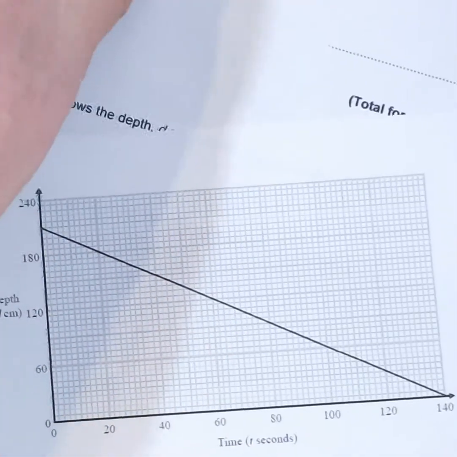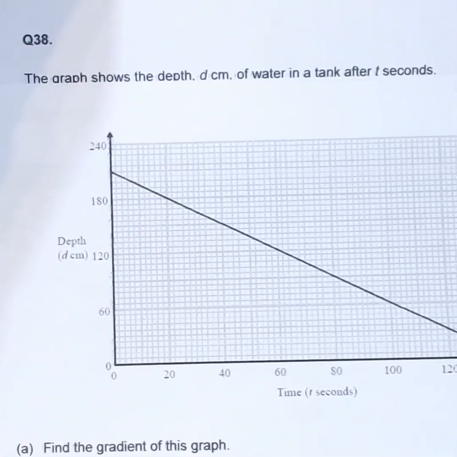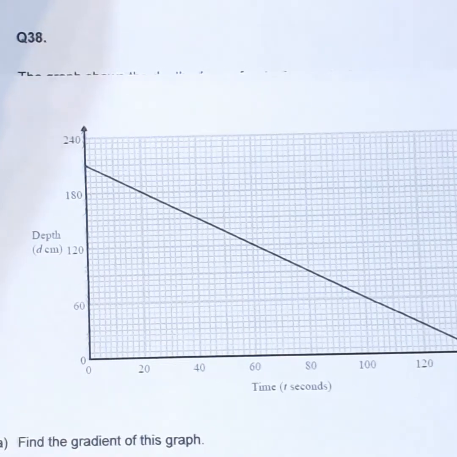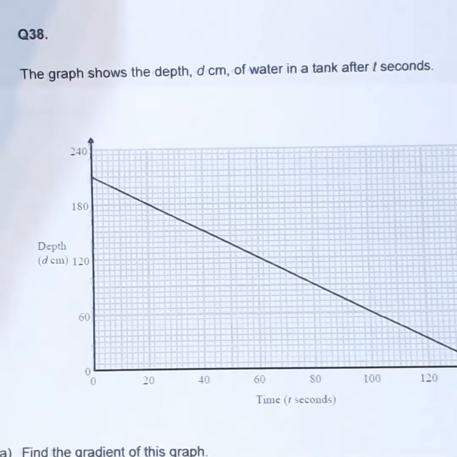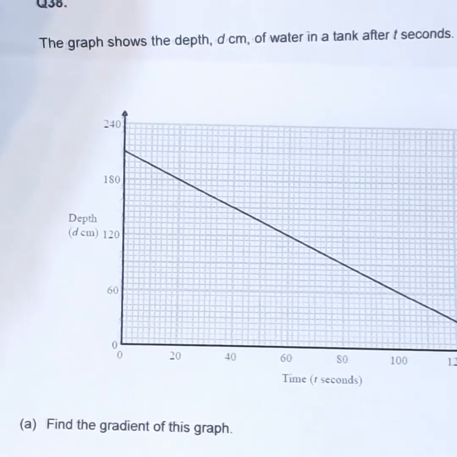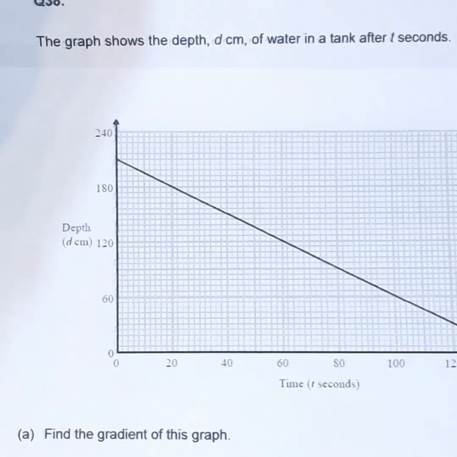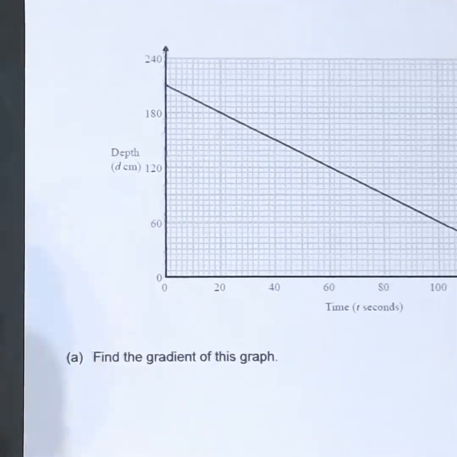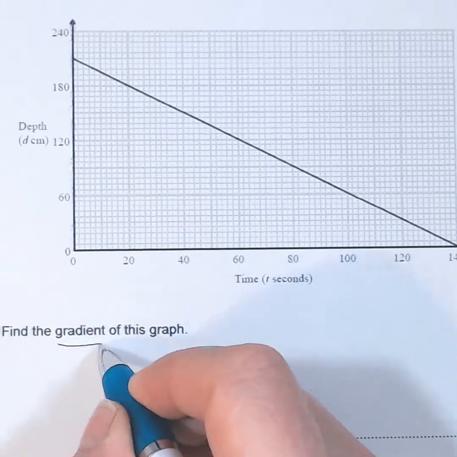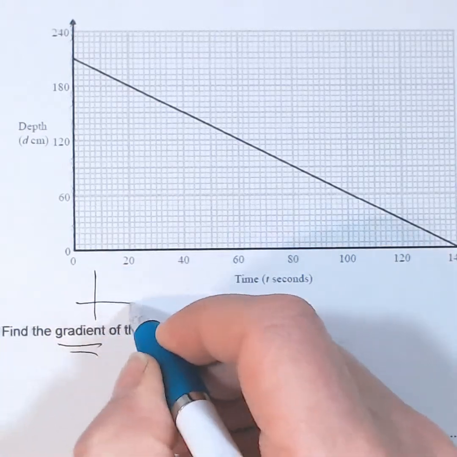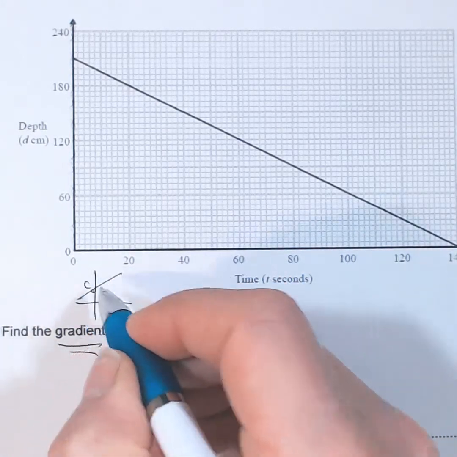So it wants us to calculate the gradient of the graph. Okay, so it shows the graph depth of water after 20 seconds, calculate the gradient of the graph. Okay, so we take the graph and we recognise that the word gradient is important, and we recognise from our straight line work that the C value will be that.